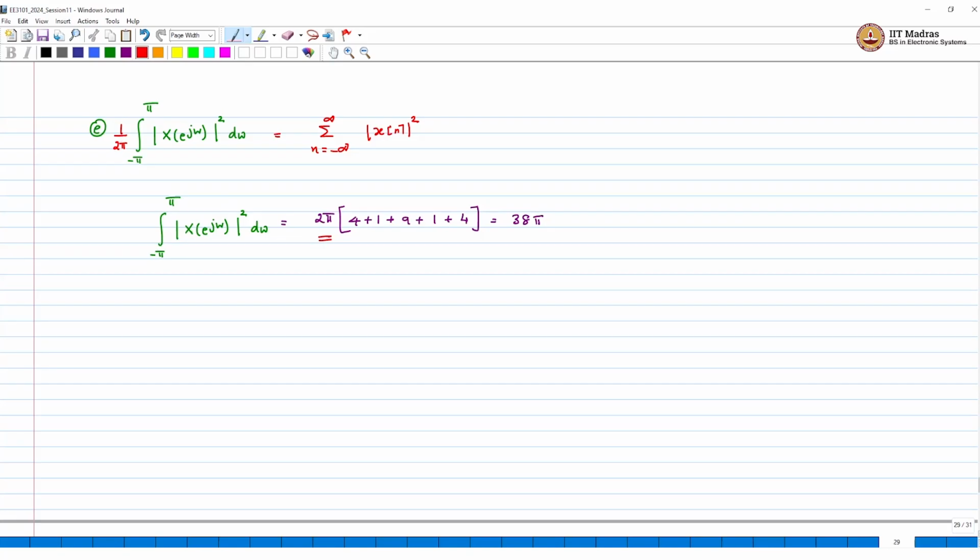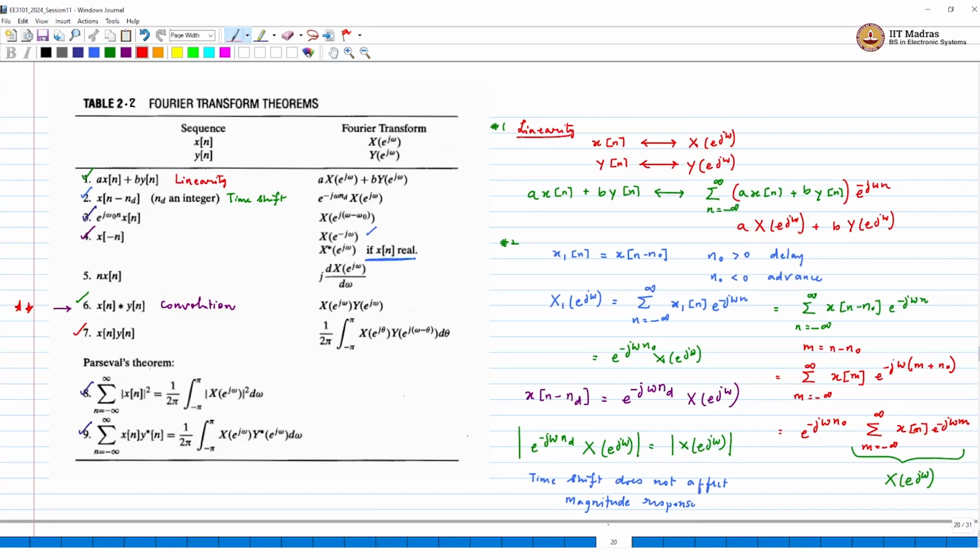Okay, so let us summarize what we have looked at today. Today we have looked at primarily understanding the properties of the discrete time Fourier transform and some of the important applications: the property of linearity, time shift, how to do a frequency shift, and what happens when you do convolution in the time domain, which results in a multiplication in the frequency domain.